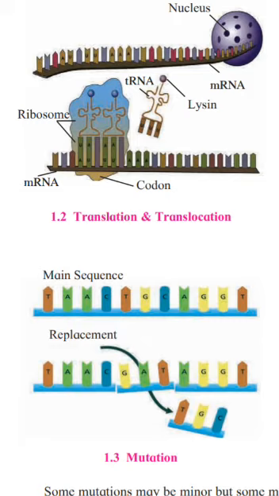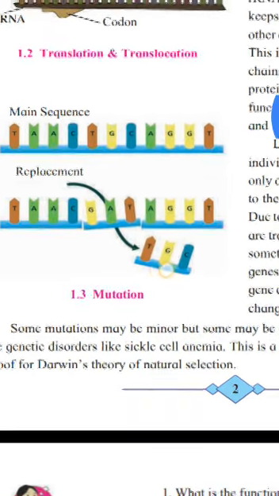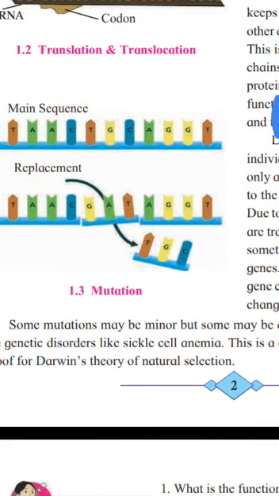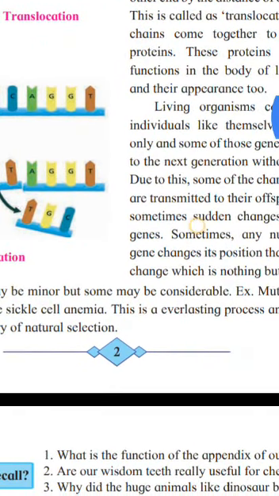Some of the time this mutation does not show many changes, but some of the time it is considerable, and it may cause certain genetic disorders like sickle cell anemia or Down syndrome, etc.